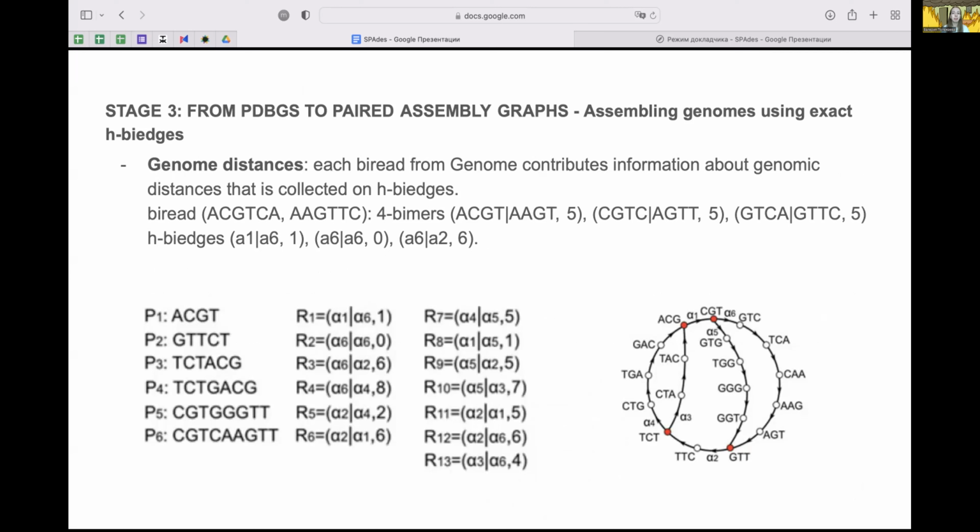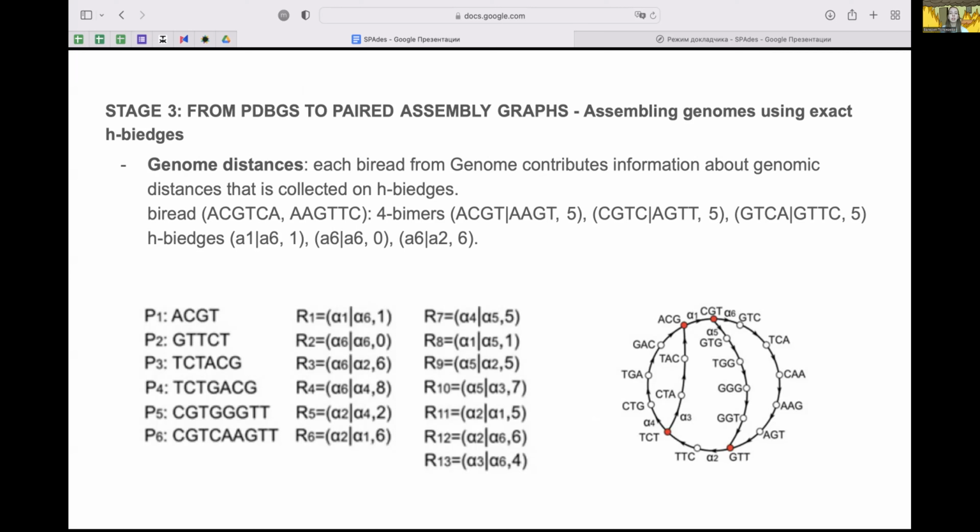You can find it on the graph. It has 4 bimers at the distance 5, and it gives us 3 HBHs, as it is written on the slide. And with all of the bireads, we can construct all HBHs.